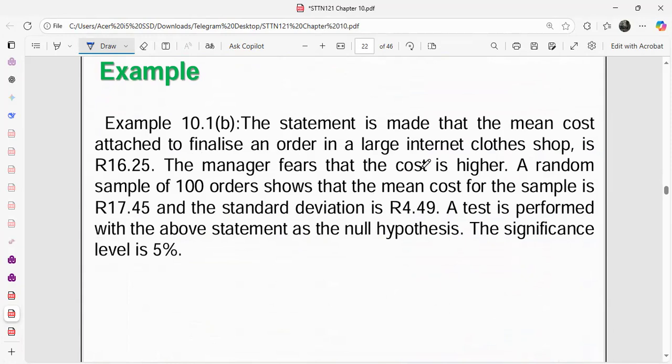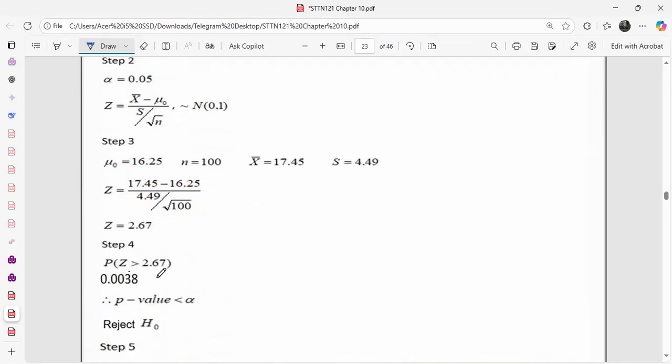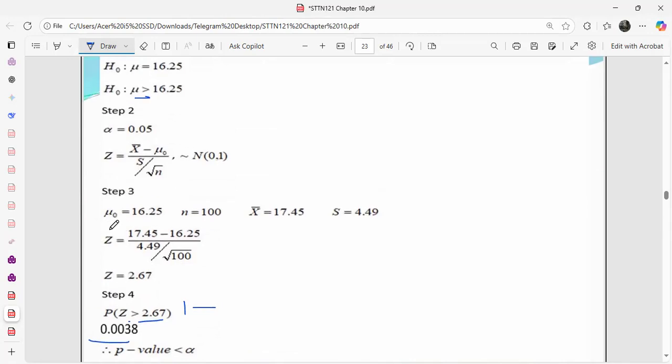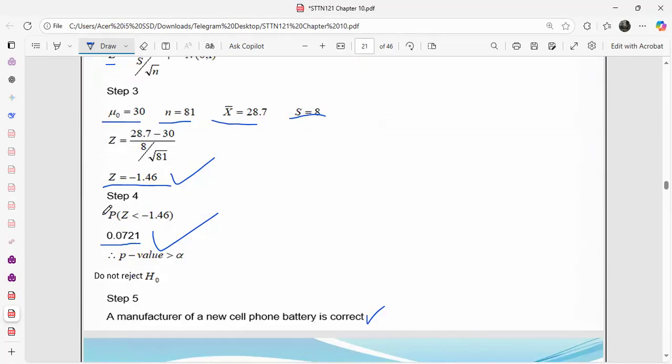Remember, if the statement says something like greater than, higher than, it means the z value is going to be greater than. If it's 2.67, remember 1 minus the probability on the table, and you will get this answer. Obviously 0.0038 is less than alpha. Therefore, if the p-value is less than alpha, you reject the null hypothesis at the level of significance. I just want the one where it was less than, because here it's the same formula.